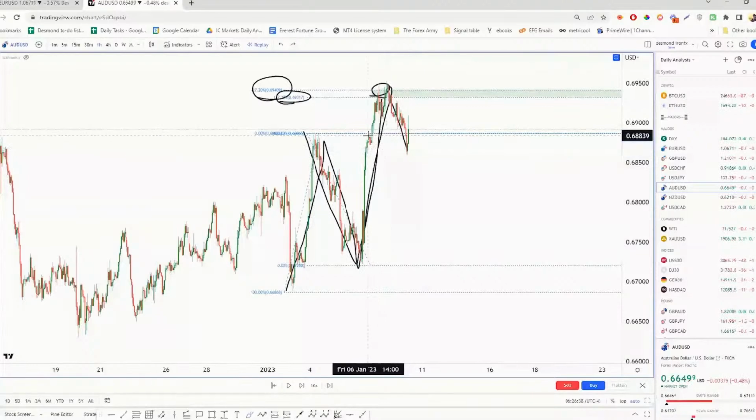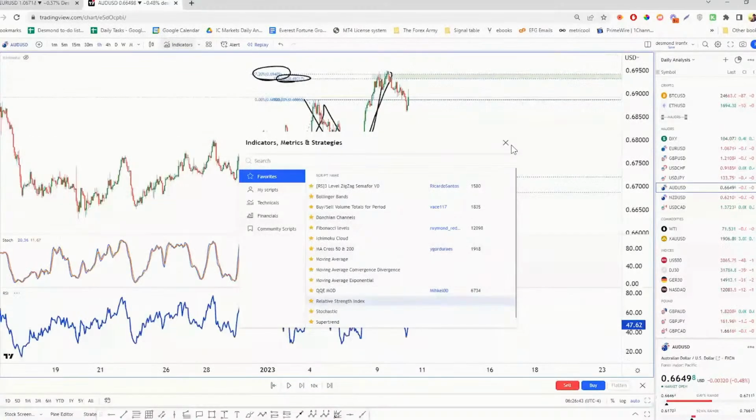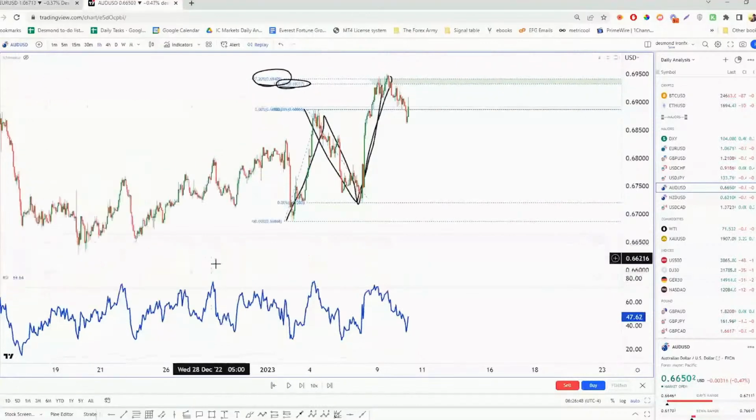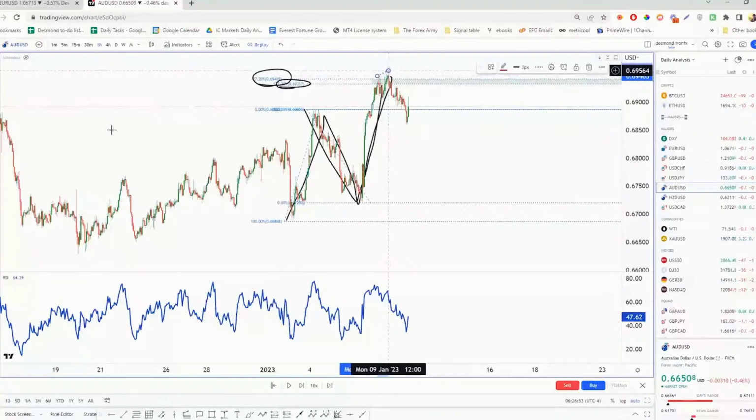Now, if you really want to improve your probability of getting a good trade, I believe you could throw in a little bit of RSI. Because you can see over here for the RSI, when price was starting to do the reversal at the key level, it was a bearish divergence. Bearish divergence is when the highs of the price are going higher, meaning it's climbing, and in this case, the RSI is going down.